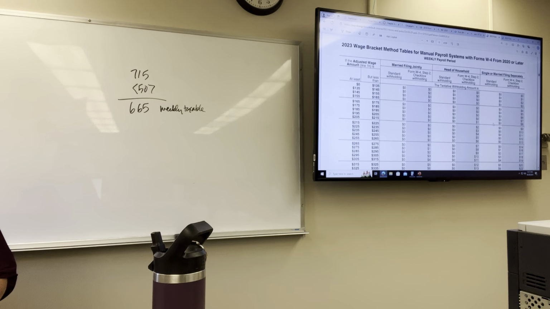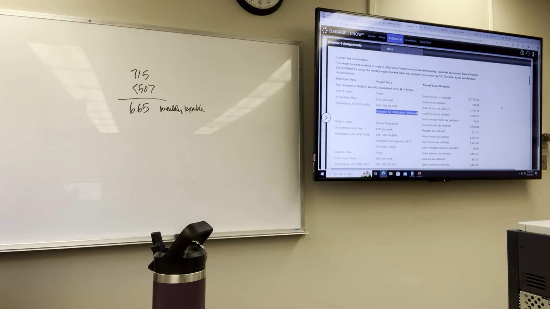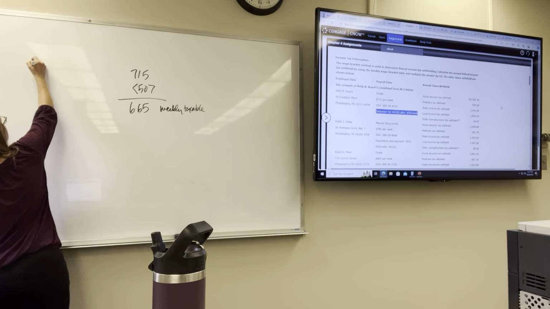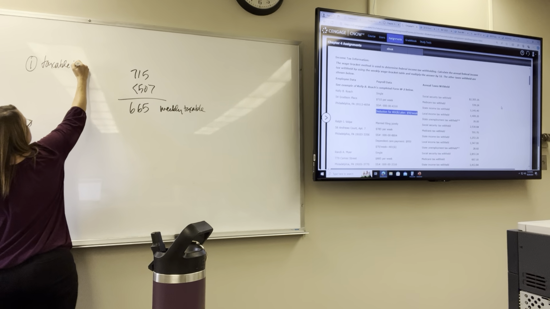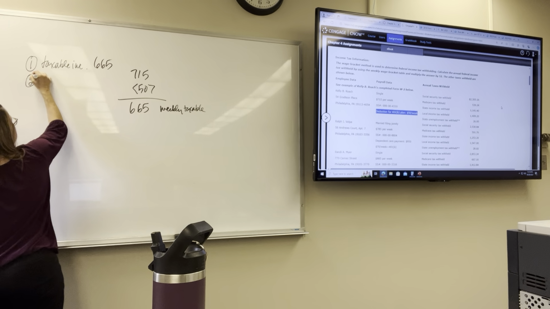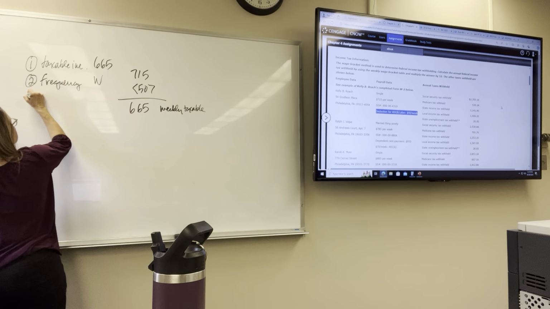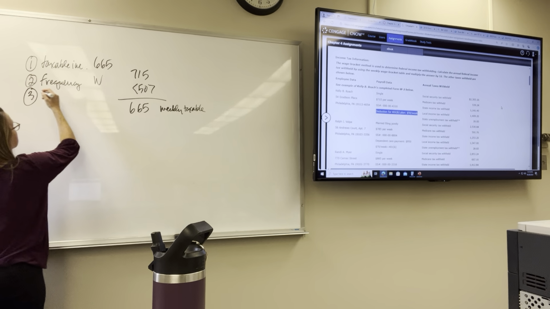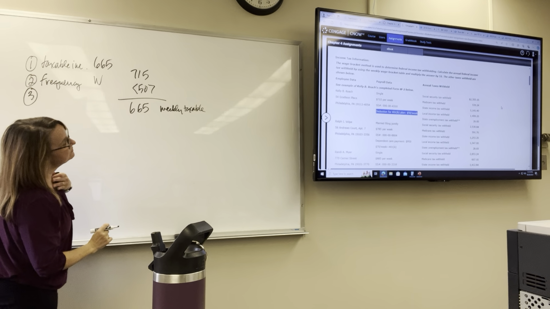You guys all remember this? So she's single. I should have written down the four factors. So we've got our four factors. Income, so here's 665. Frequency, weekly. Let's see, does it say it's standard withholding?